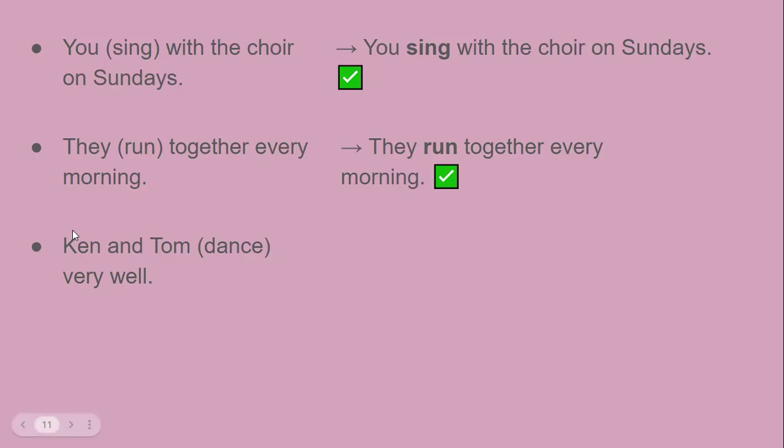So here we have he and he, right? So we don't have one he, we have 2 he. Therefore, the subject is the same as they. So we don't do anything to the verb for the subject they. So the sentence is, Ken and Tom dance very well.